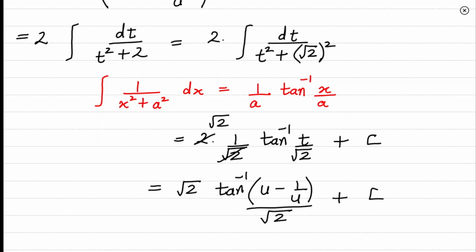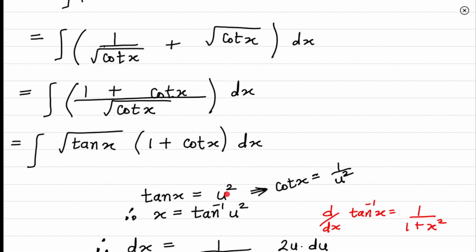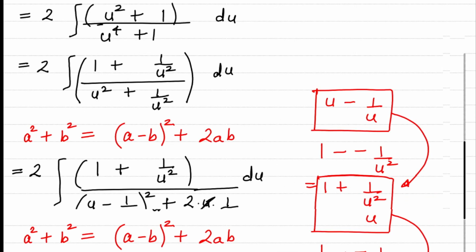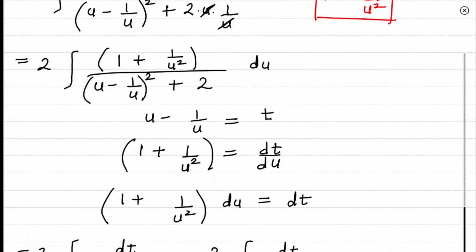constant of integration c. Remember that we had u square is equal to tan x, which means that u is nothing but square root of tan x. Okay, so we can make that substitution. Instead of u, we can just write square root of tan x, and let's see what do we get as our final result.